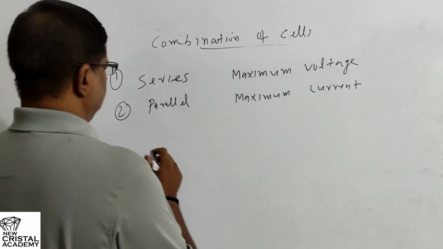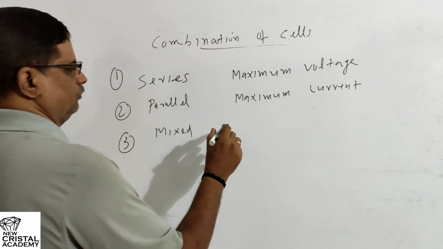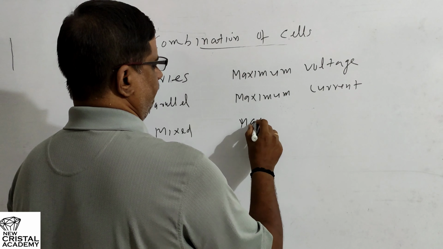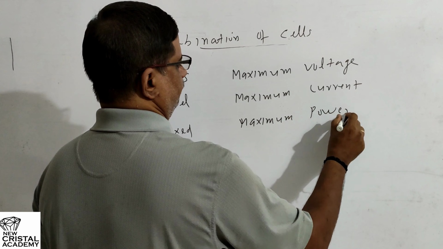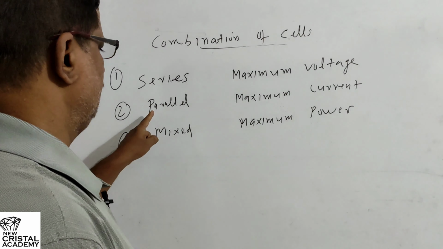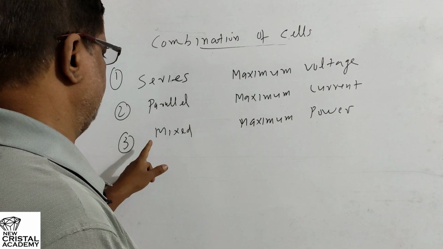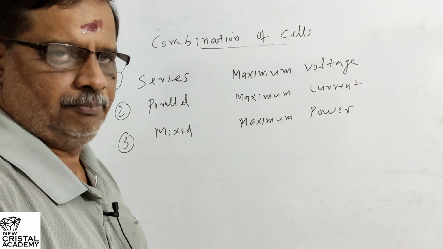And finally the mixed grouping of cells is used for getting maximum power. So series combination of cells is used for getting maximum voltage, parallel combination for getting maximum current, and mixed grouping of cells is used for getting maximum power.